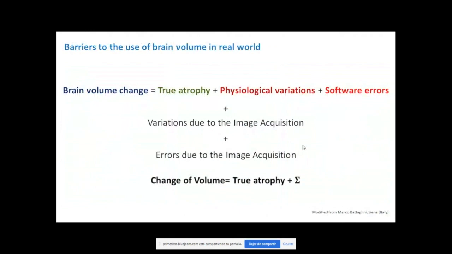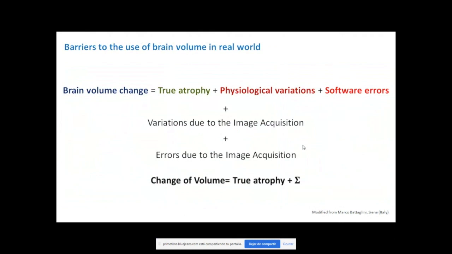In general, all these confounding factors produce a barrier to the use of brain volume in the real world. At the end, a brain volume change that we can identify with these tools is the sum of true atrophy, true brain volume loss, plus fluctuations and physiological variations, and finally software errors.